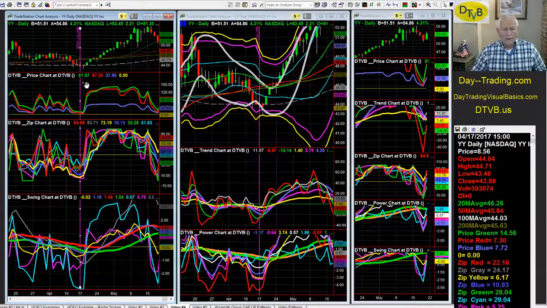And so that tells us that in this particular situation, the lines, not necessarily the Zip Zion line, but the other faster moving lines could have been down at some point before they came back with the long lower tail that ended up being created by the end of the day.